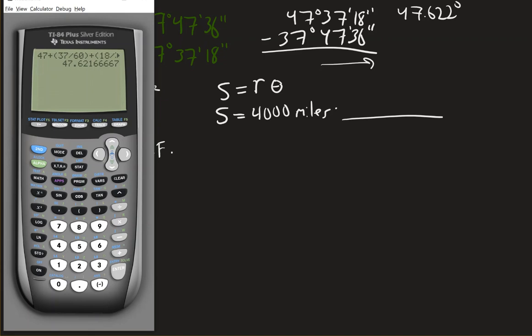And I'm actually going to store this. If you hit the store button right here, I can store it in for a city, and I'll just call it city B, whatever.